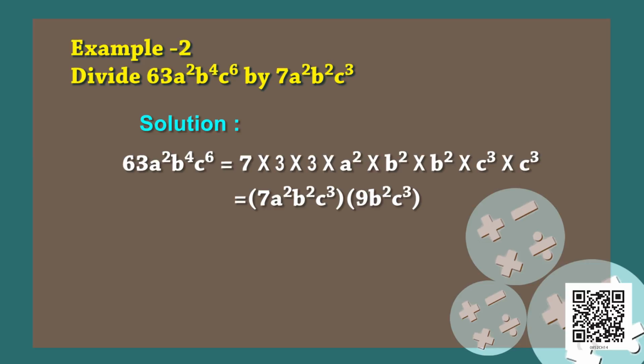Therefore, 63 a square b to the power of 4 c to the power of 6 divided by 7 a square b square c cube is equal to 9 b square c cube. In this way, by identifying the common factors which are exactly equivalent to the denominator of the given division, we can get the cancellation, and hence we can find the division of those algebraic expressions.